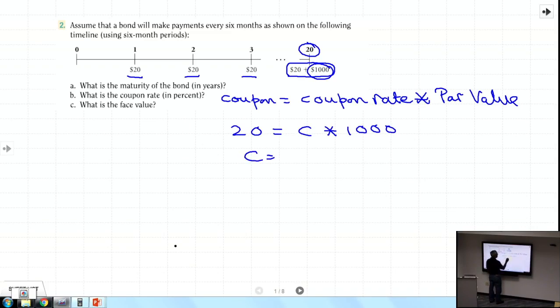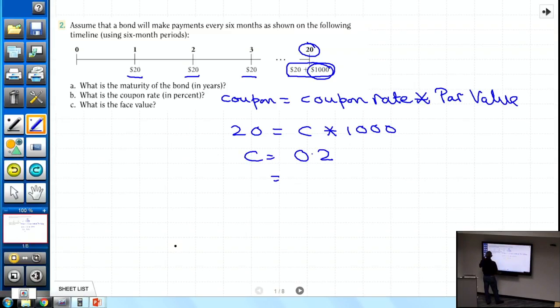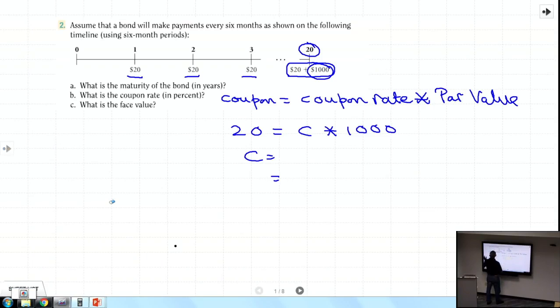So C is going to be 0.02, or 2%. So the coupon rate is 2%. And what is the face value? The face value is usually $1,000, as it is in this case.